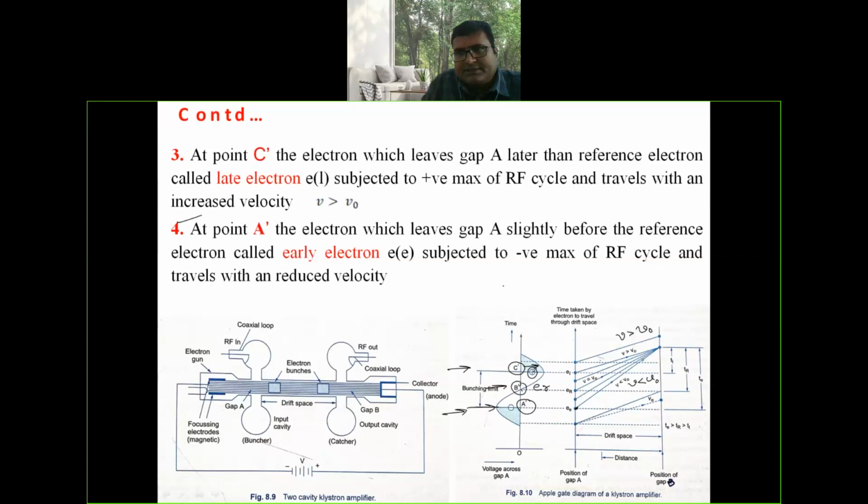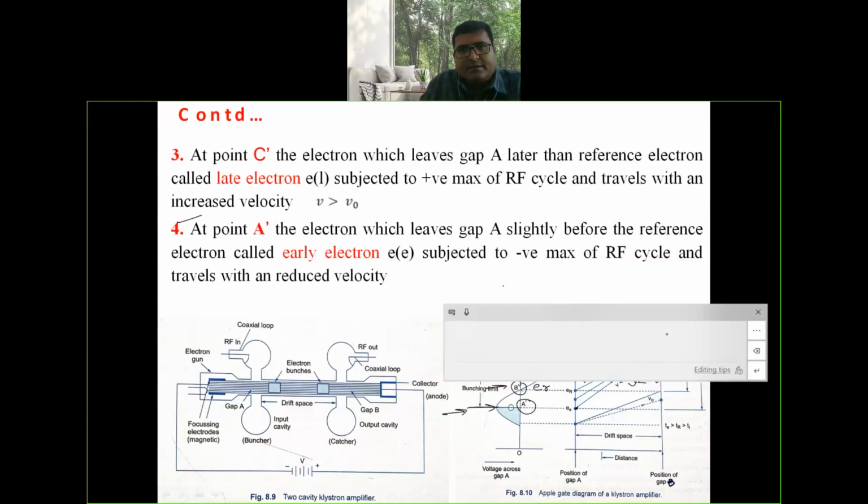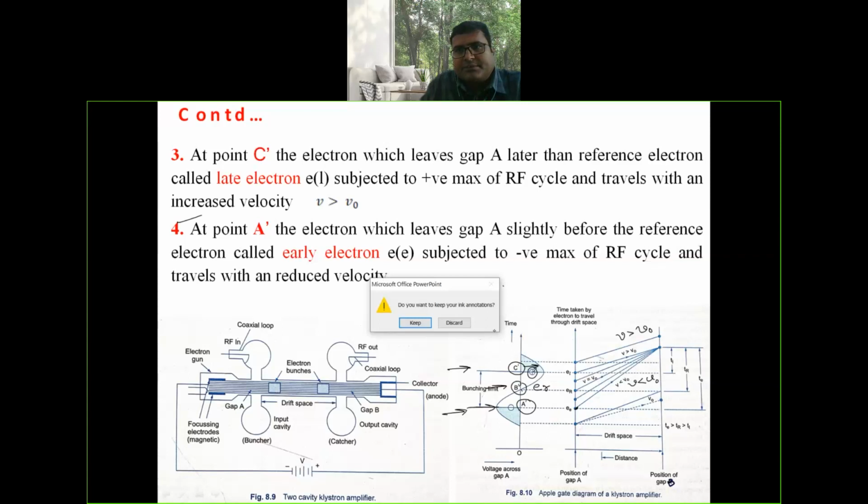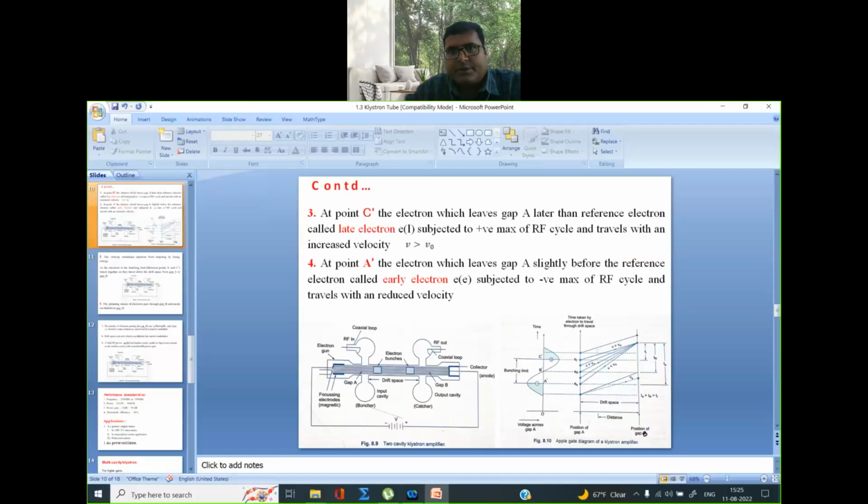And these three electrons catch up in the drift space and meet at a point, and we call it the bunching process.